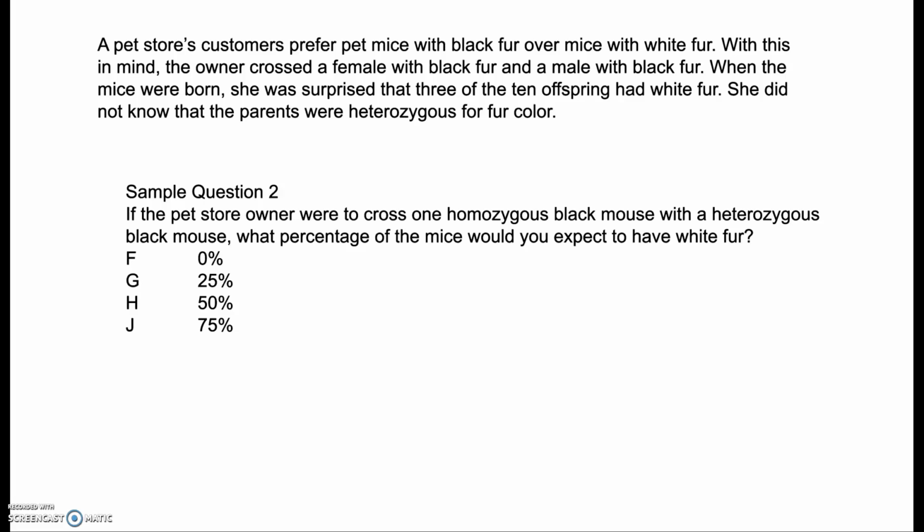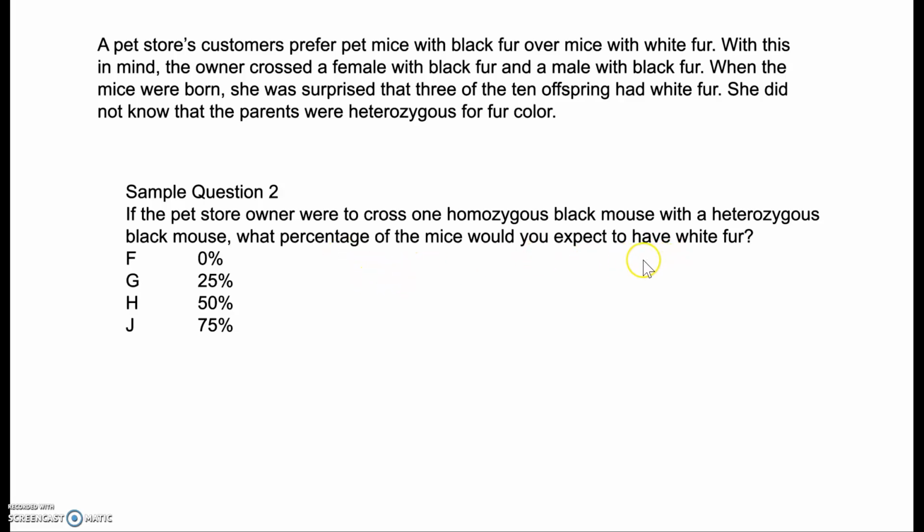And when I cross a homozygous black with a heterozygous black, I get 2 boxes of my Punnett square with capital B, and I get 2 boxes of my Punnett square with the heterozygous, capital B, lowercase b.